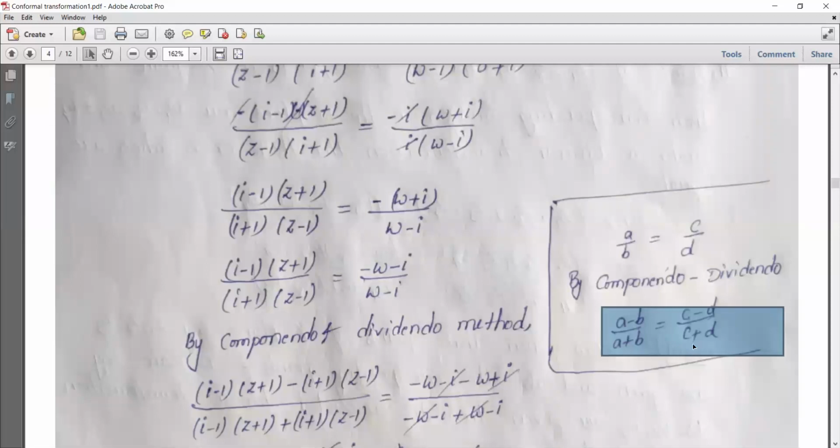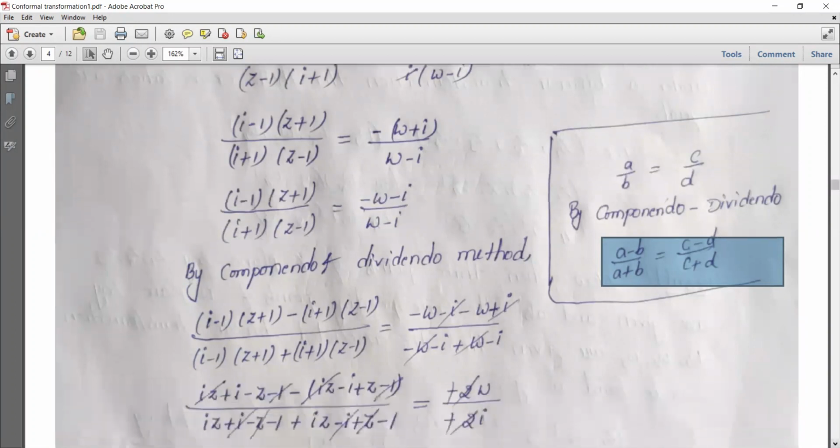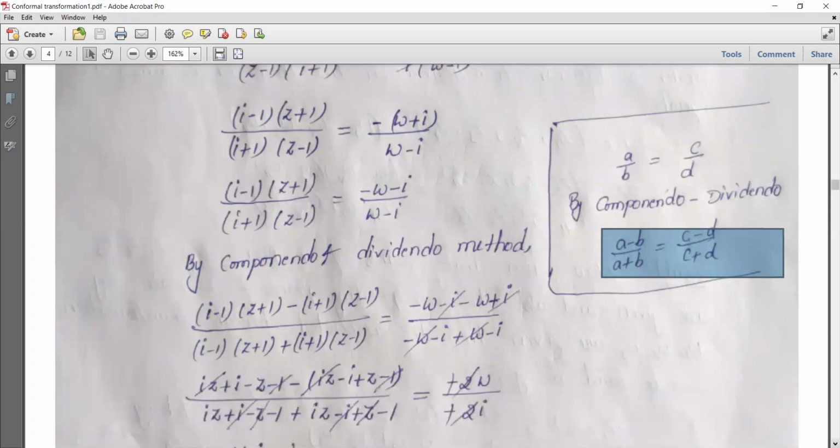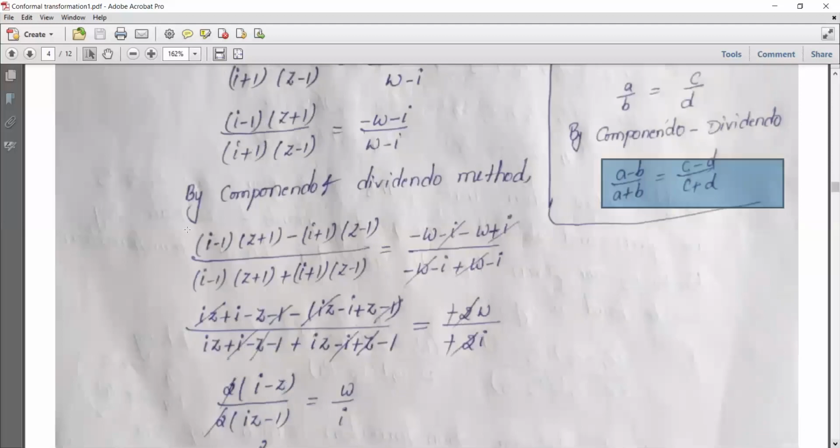That is the rule of componendo dividendo. It helps to simplify the ratios. Here also, to find W, we are using the componendo dividendo rule. So now, the numerator, once you come to this.